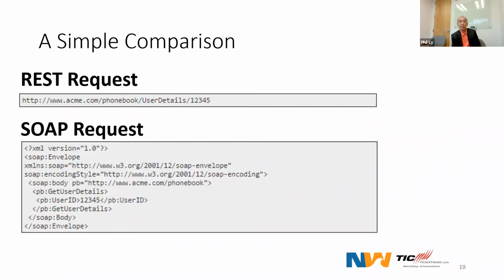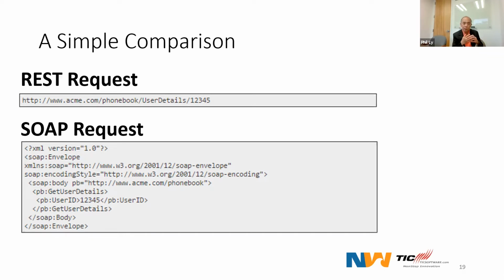So this is just a simple example of what a REST request looks like versus a SOAP. These two requests perform the same function, right? As you can see, the SOAP request is a lot more verbose. This is just a simple example, but you can see the idea.